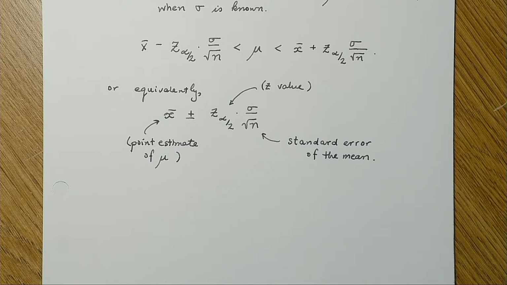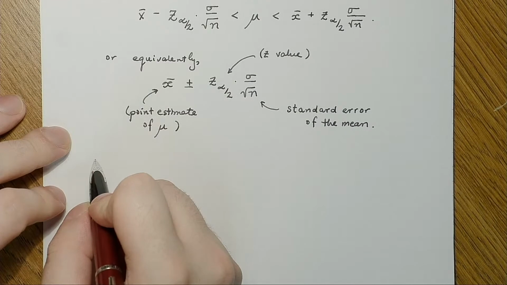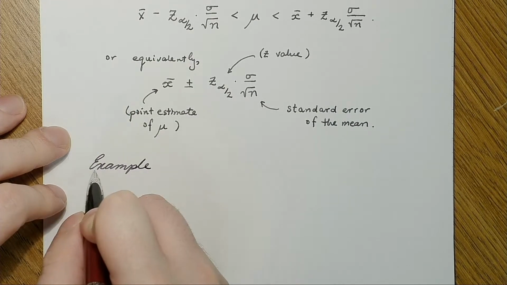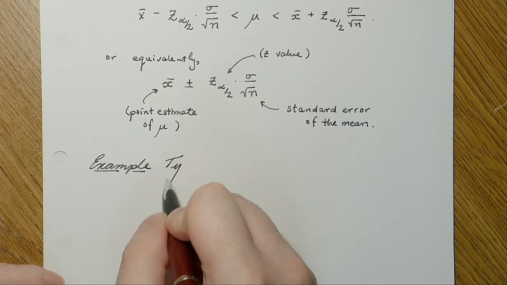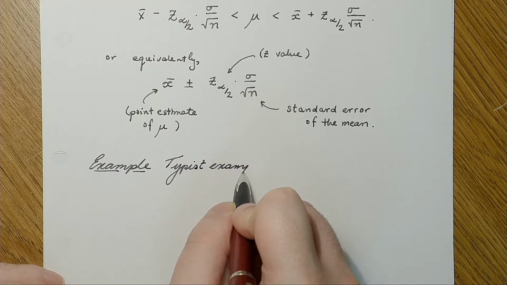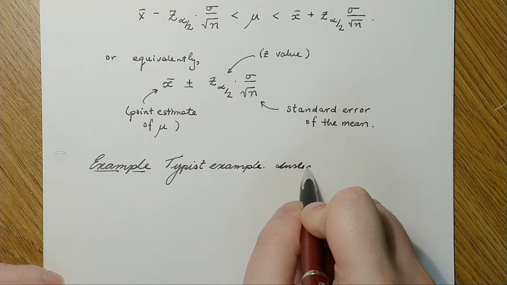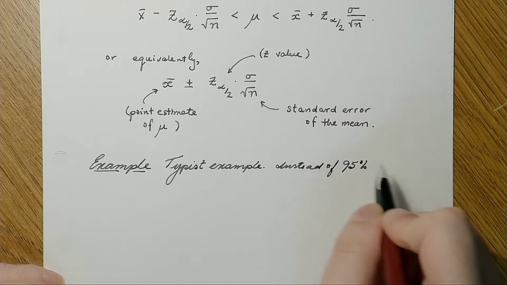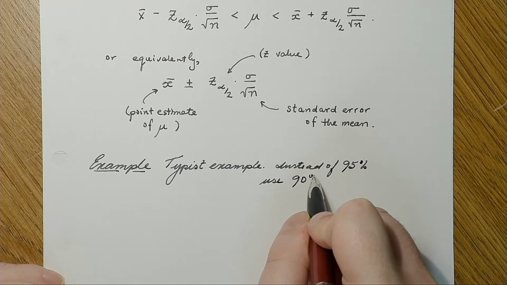Okay, so let's finish off then with the example. So let's use that typing example. And instead of 95%, we'll use a 90% confidence interval.